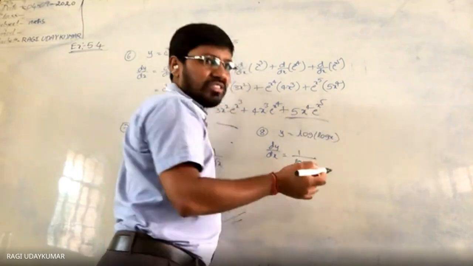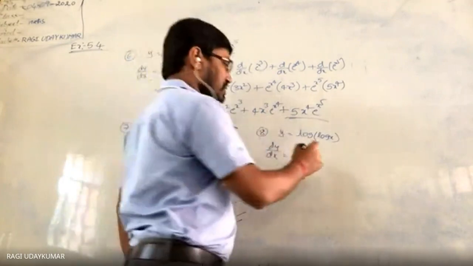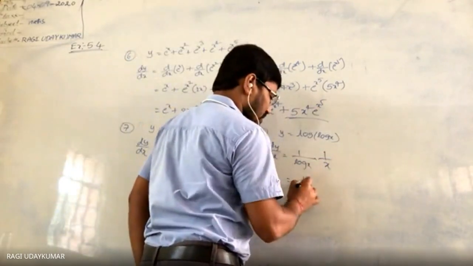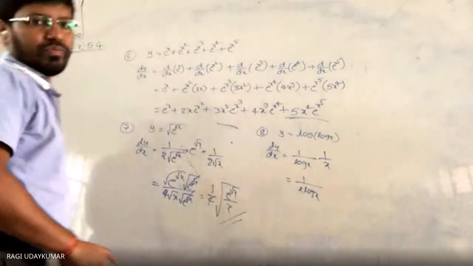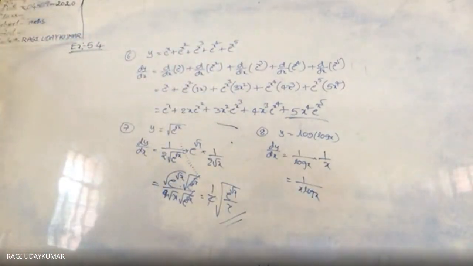Again, the differentiation of log x is 1 by x. So the final answer is 1 by x log x. Simple question, they are not difficult here. The 5.5 exercise, whenever you consider it, is a little bit lengthy problem. And the remaining 9th and 10th problems you can do.